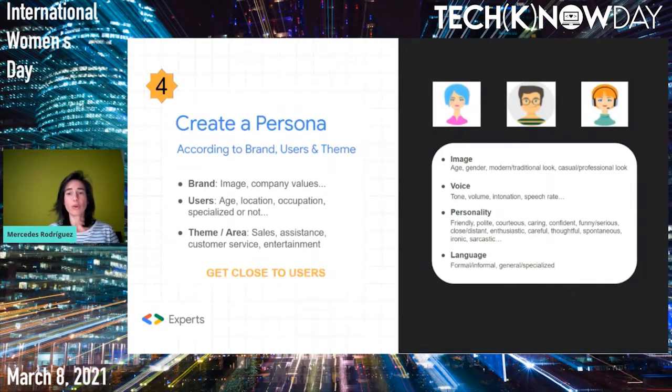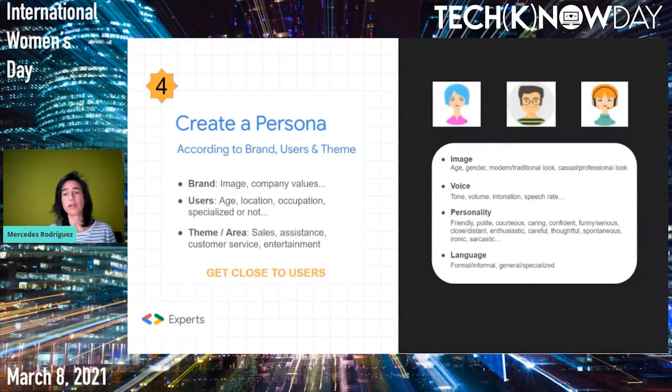Also, if it's going to be a conversational agent by voice, we have to choose the tone and the volume, the intonation, and we have to decide how our agent is going to be in terms of personality. It can be friendly, or it can be more close to the user or more distant.